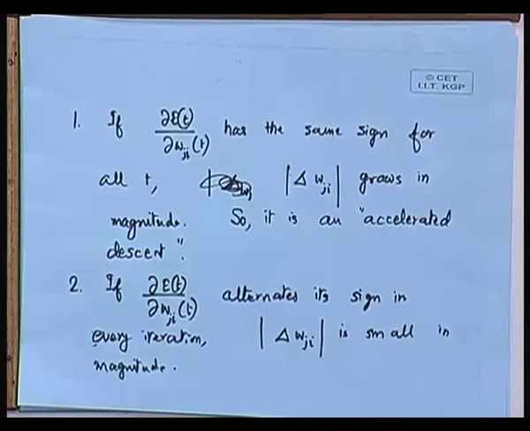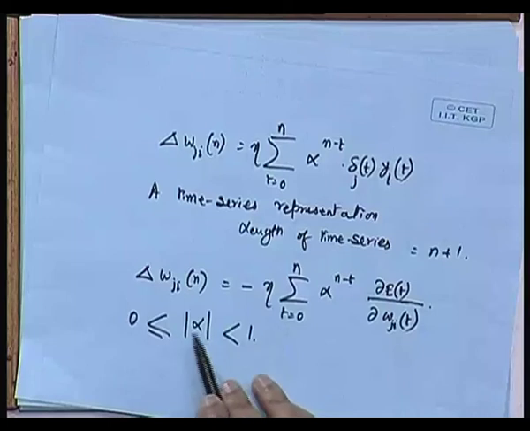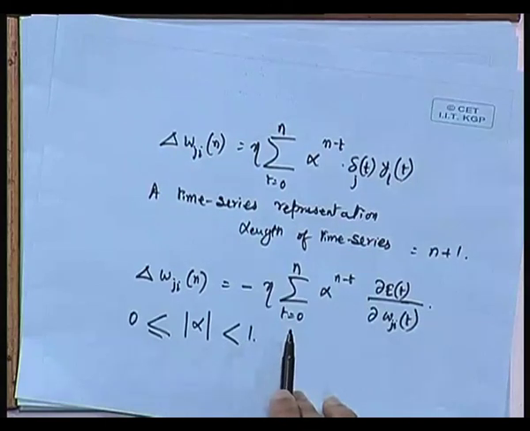So the momentum term is not something risky in that sense. Even if it is an accelerated descent, you remember that because alpha is restricted within 0 and 1, we are not going to have an unbounded increase of delta Wji.